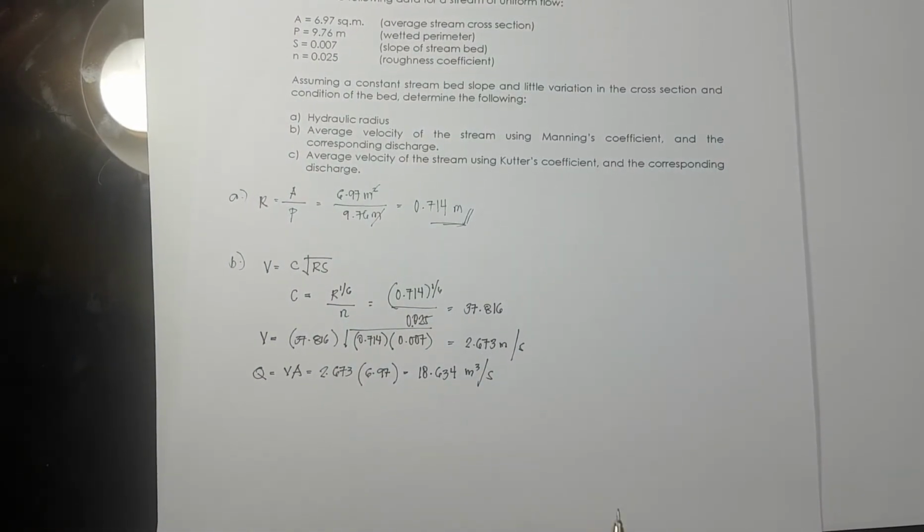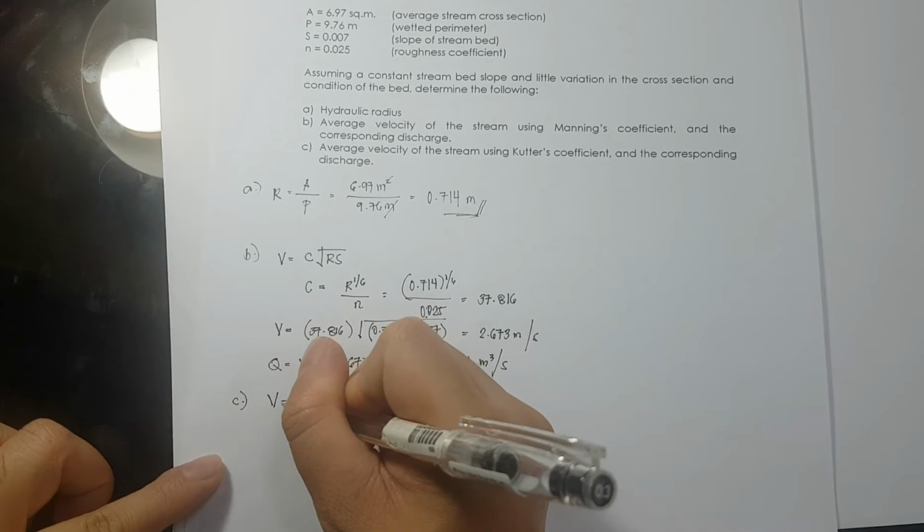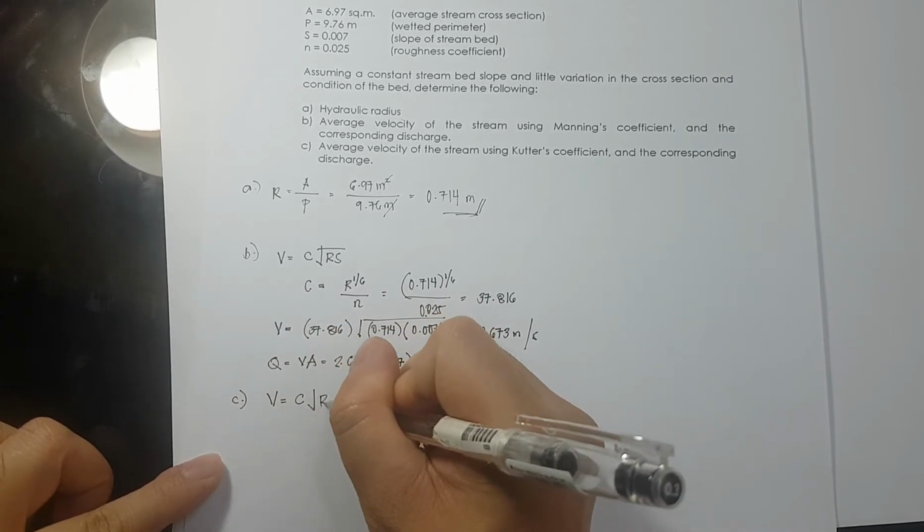Next is to get the average velocity of the stream using Kutter's coefficient. We have the same formula for the velocity. So for letter C, V is equivalent to C times the square root of RS.